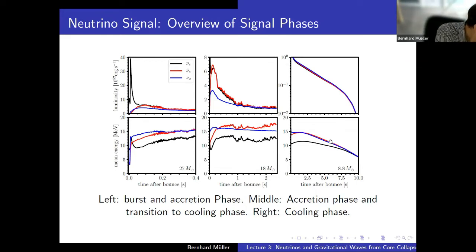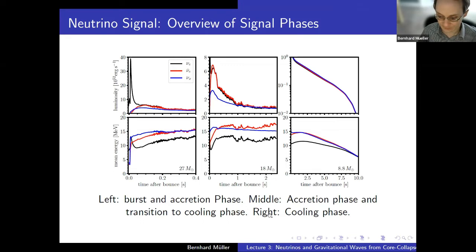Now, what we'll do next is we'll go, after you may have some questions here, we'll go through the individual phases, understand better why the signal looks this particular way, and what we might be able to learn from that.